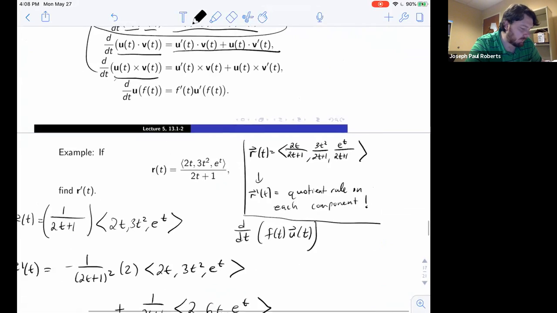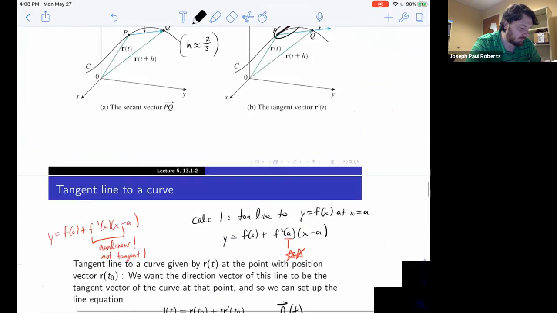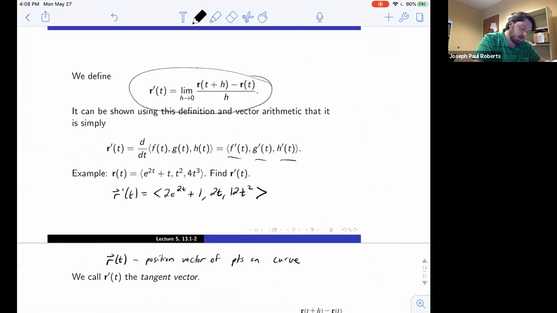But for example, if you take even this very first example that we did, r dot r prime for this one would be what? 4e to the 4t. Oh God, it's awful. But r dot r prime isn't equal to 0, which tells you that this curve doesn't live on a sphere.